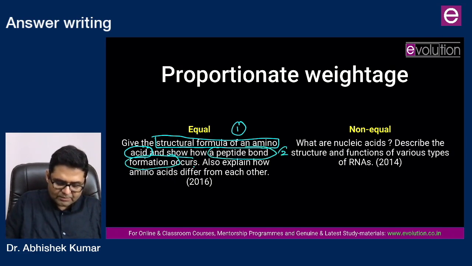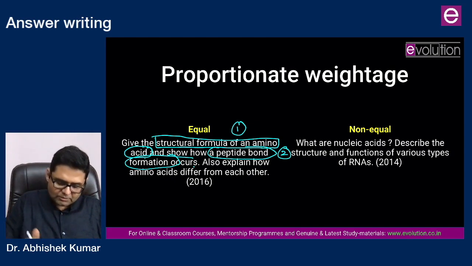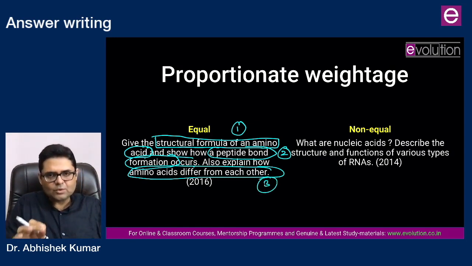So that is the second part. So you will have to show that condensation reaction where two amino acids react together and a peptide bond is formed. And third, what are the parameters based on which amino acids differ from each other. So these are three parts, and these three parts can get more or less equal weightage.